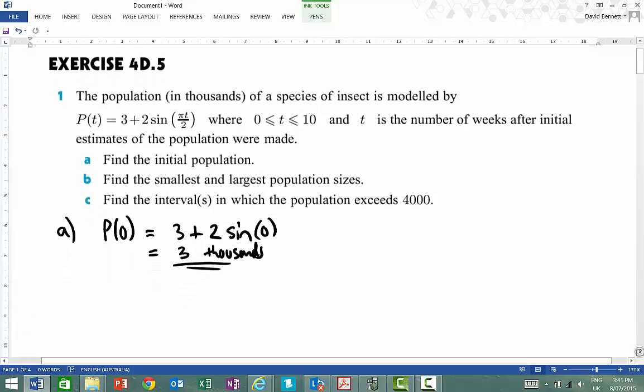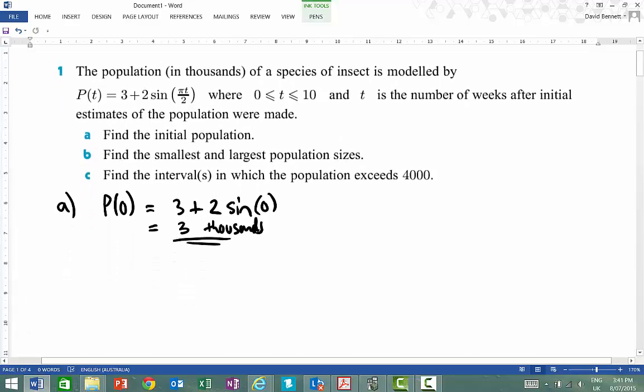Now, looking at our model, what's the biggest sine function you can actually have? The biggest sine value you can have is going to be 1, and the smallest sine value you can have is going to be -1. So find the smallest and largest population size.